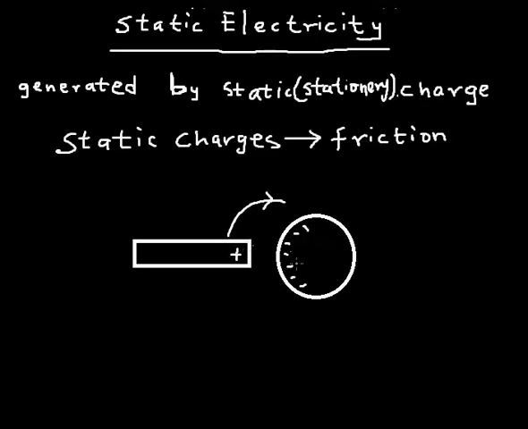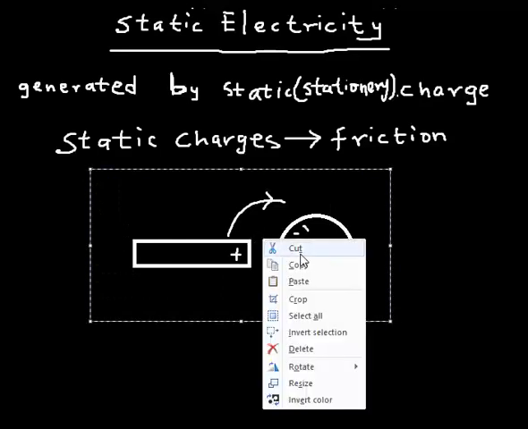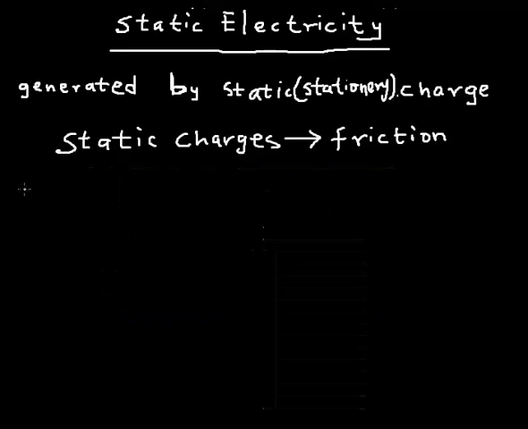That is how static electric charge is generated, and there are two types of static electric charge. We have positive, which I already mentioned, and of course negative.